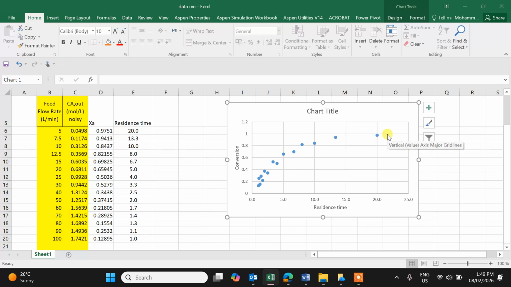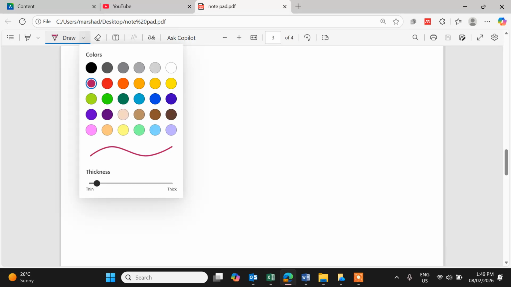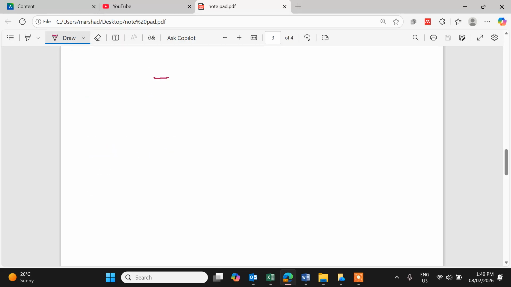Now, how to relate this theoretically? Do we have a mathematical expression which relates conversion and residence time? Yes, most likely we will have. So what we can do is some mathematics.